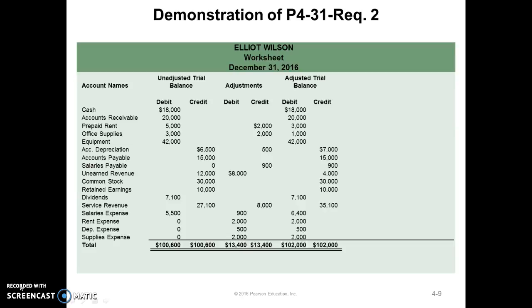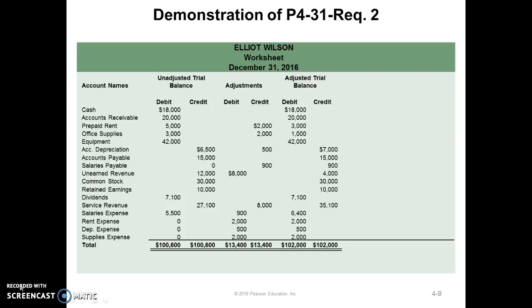We're going to lower that prepaid rent because we've been in that space for some time now, and now we have $2,000 of expense that has actually occurred. So at the end of the year, we still have $3,000 that we prepaid that will go into an expense in the following years. You can see the debit of $5,000 and the credit of $2,000; $5,000 minus $2,000, because one's a debit and one's a credit, becomes a debit of $3,000.